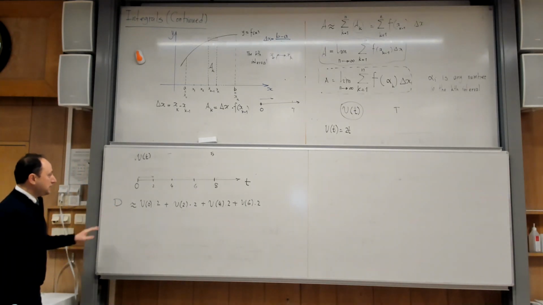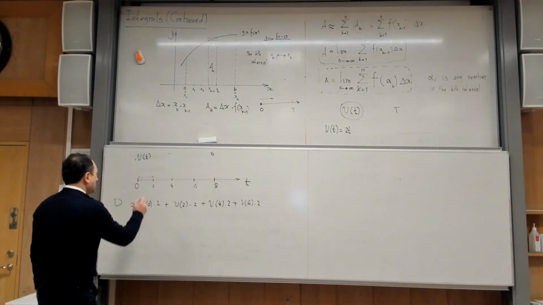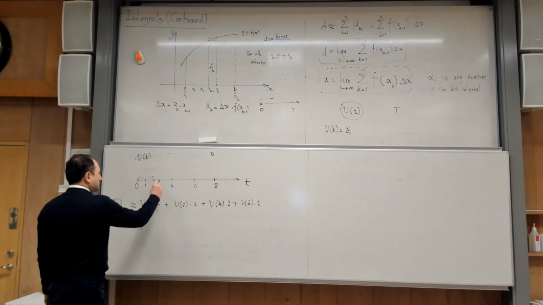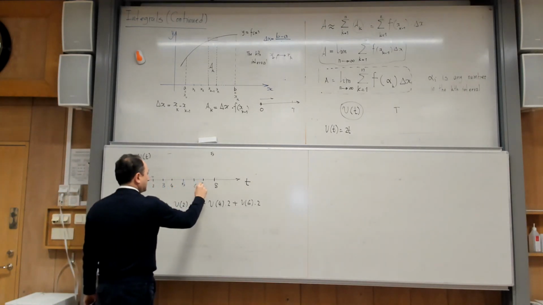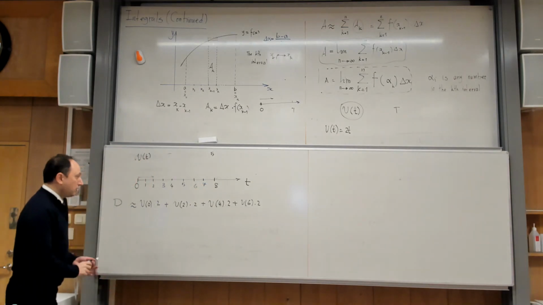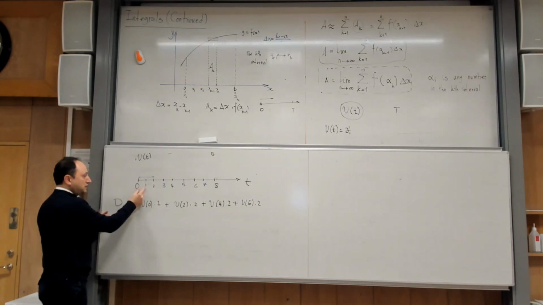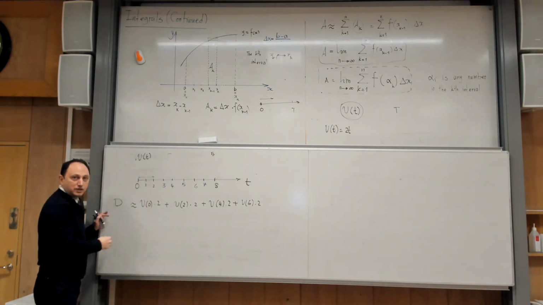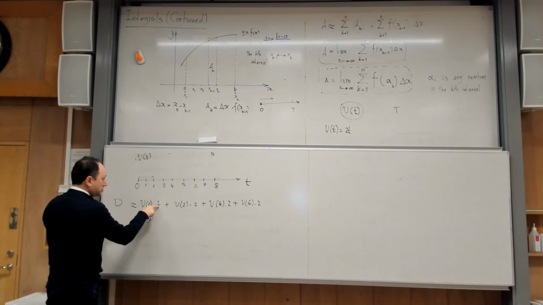But instead of chopping it like this, let me subdivide each one, and then let me consider this. Now, instead of waiting 2 seconds and calculating in 2 seconds, let me wait 1 second and do the same calculation. So this time I calculate v at 0, but instead of multiplying by 2, I just multiply it by 1.